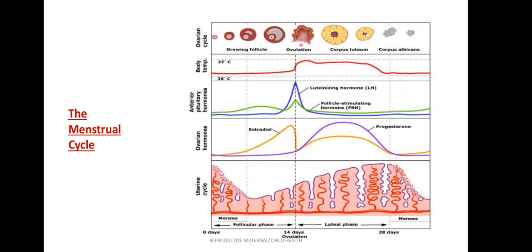Okay, so let's look at the late luteal phase, from days 22 to 28. If fertilization does not occur, the corpus luteum is not maintained by HCG, the human chorionic gonadotropin. So the corpus luteum degenerates after 14 days. Estrogen and progesterone levels fall.